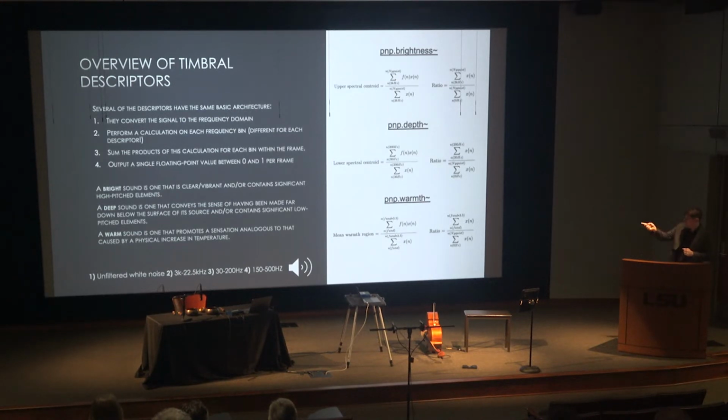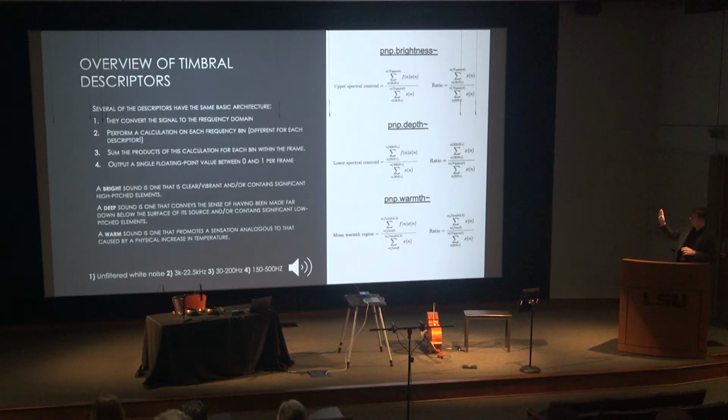So we can see the description of what each of these models is supposed to describe. Bright sounds analyze high frequency energy, and we can see that all of these have a similar structure.